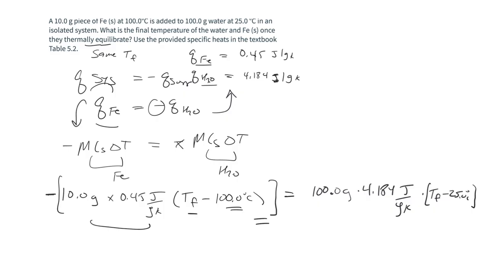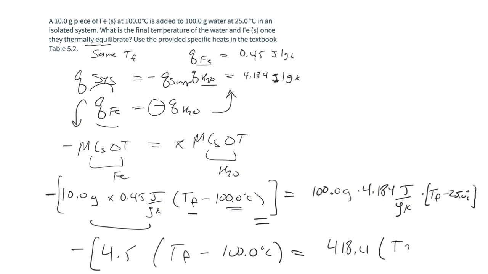So I just need to take 10 times 0.45, so that's 4.5, and then times TF minus 100, and then have that equal, let me keep the minus sign, I almost lost it, the minus sign here, and then 100 times 4.184 would be 418.4 times TF minus 25.0.